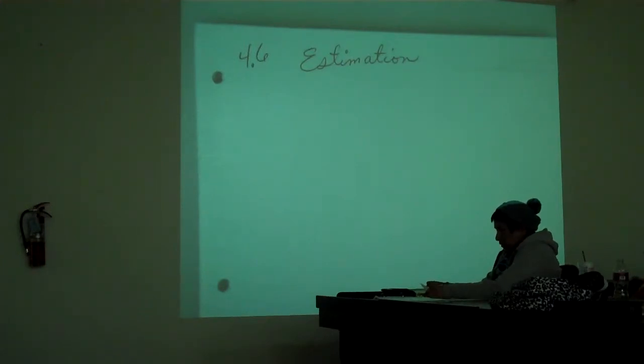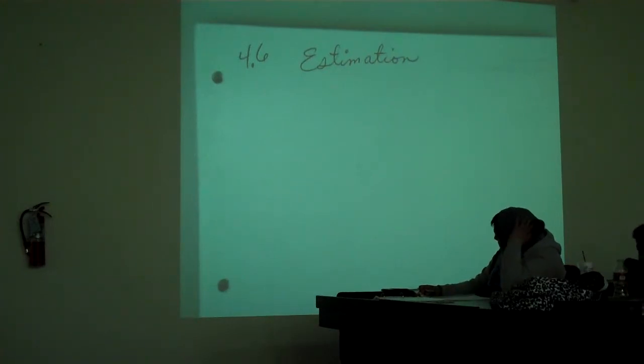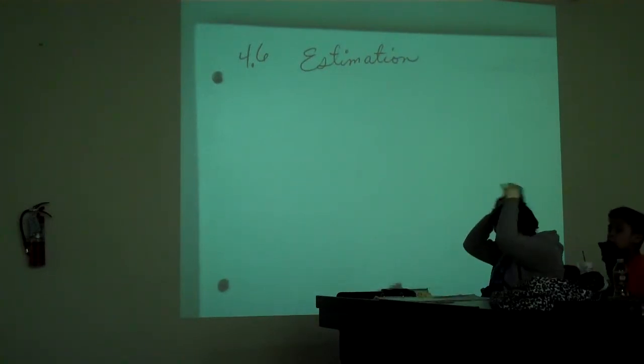Okay? A lot of times it'll tell you to estimate and it won't tell you what to round to. So everybody's going to get different answers, okay? Unless it tells you specifically, estimate by rounding to the 10, then you would all get the same answer. So on these problems, it just tells you to estimate and does not give you a certain place value to round to.